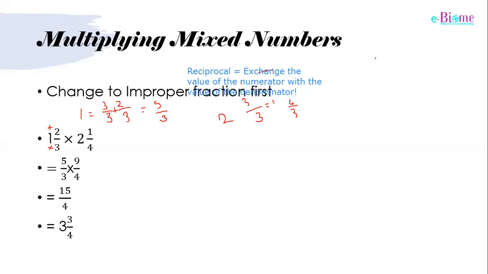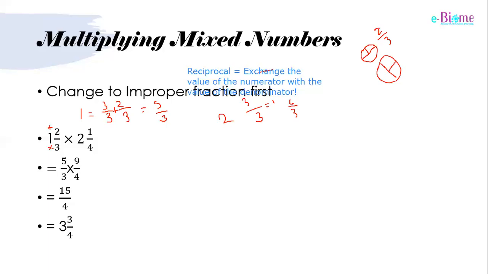So I have something out of 3, so my whole is 3 because it has 3 portions. And if I have 2 out of that 3, just a fraction of it, let's say I have another one with 3.